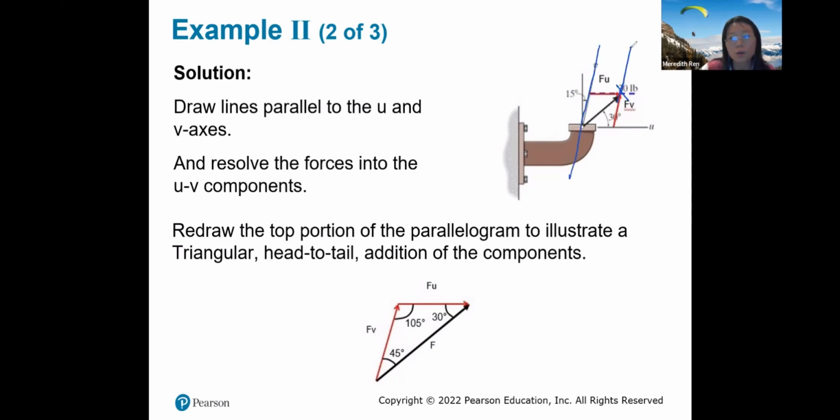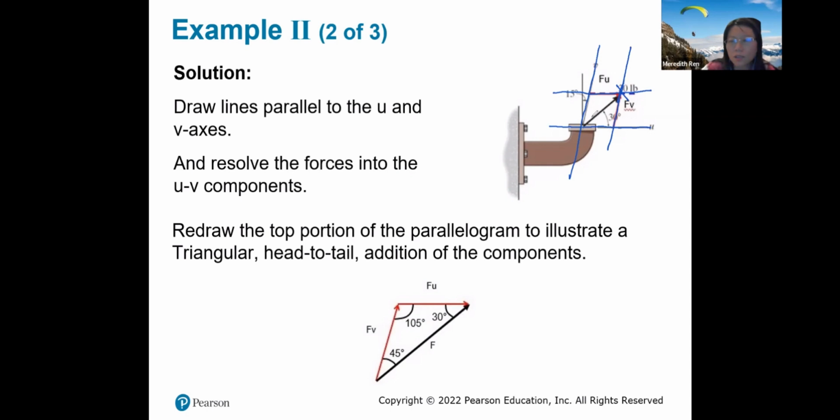Let's draw a line that's parallel to V, okay? And same thing for your U. Start at the ending point of the resultant, the overall force. We're going to draw a line that is parallel to U. So you have that one and that one parallel.